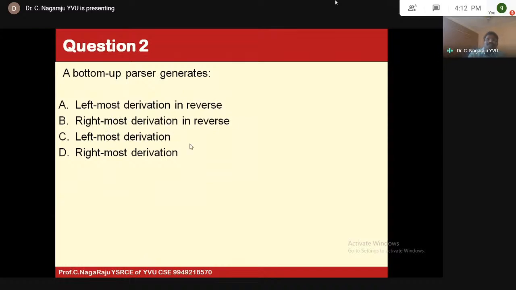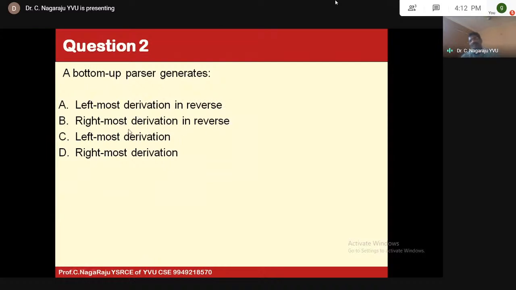Rightmost derivation in reverse. That means rightmost derivation starts from the root and ends with the leaf. The reverse means start with the leaf and end with the root. But top-down parsers start from the root and end with the leaf. So that's why bottom-up parsers use rightmost derivation in reverse.